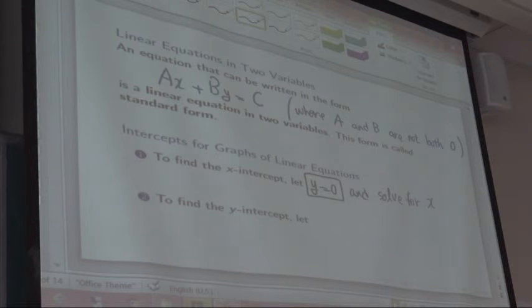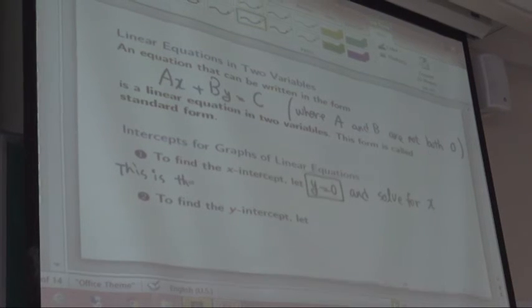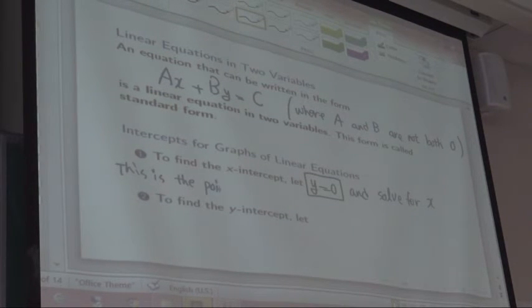This is the point where the line crosses the x-axis.